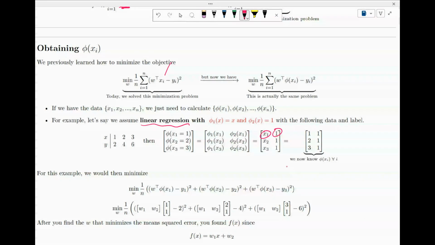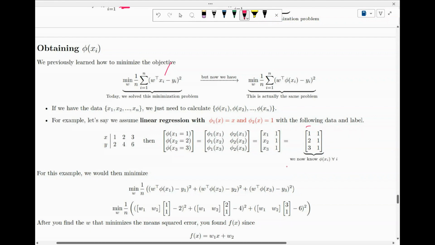If I plug x2 here for the second sample, it's going to be x2 and 1. And I plug x3 here, then it's going to be x3 and 1, because these are all 1s and these are all just x. Whatever you plug in here, you get it back. So if you plug x1, you get x1 back. So what exactly is x1? x1 is 1. And x2 we plug in is 2. And x3, we plug it in, is 3.